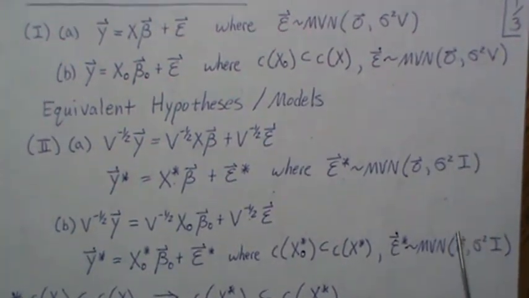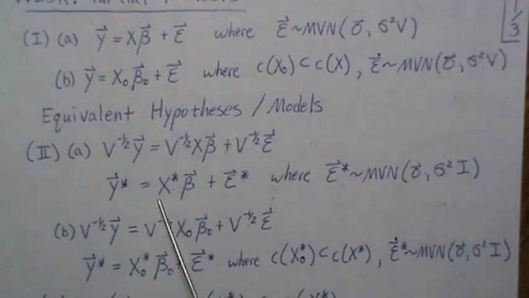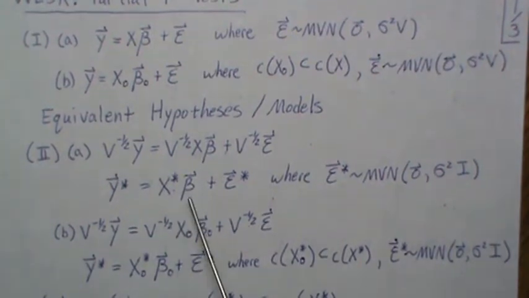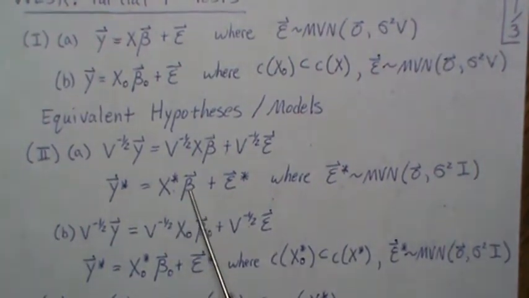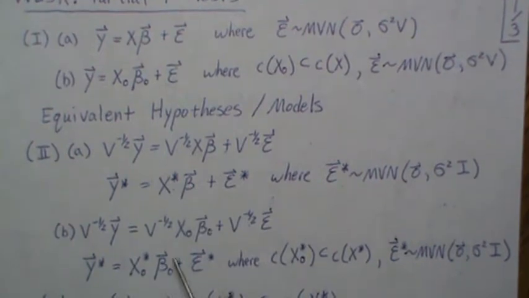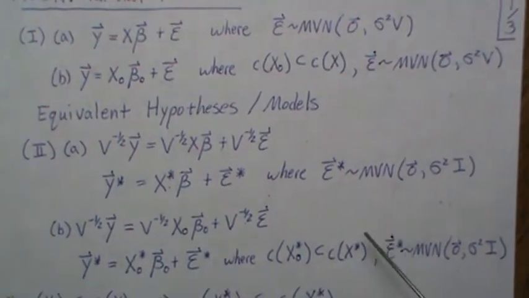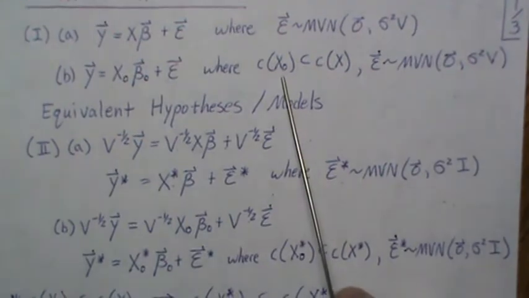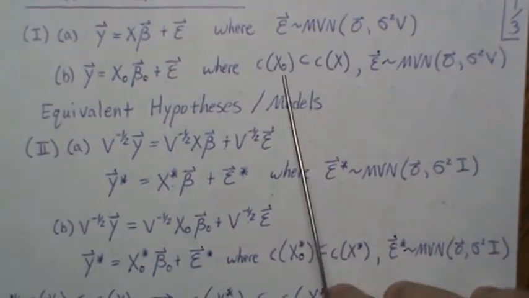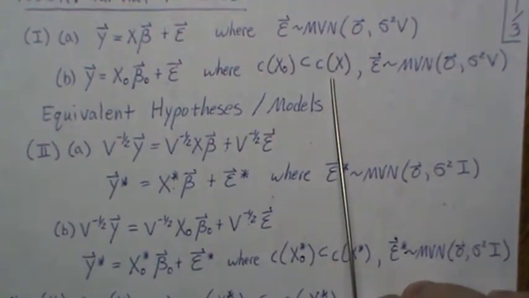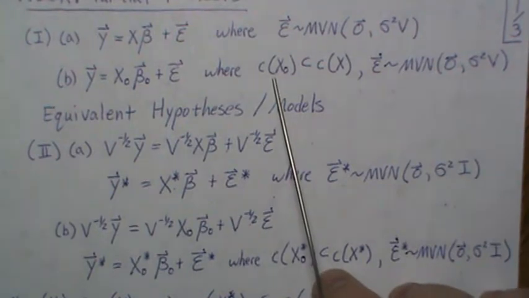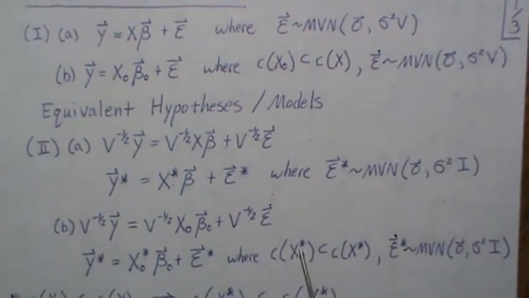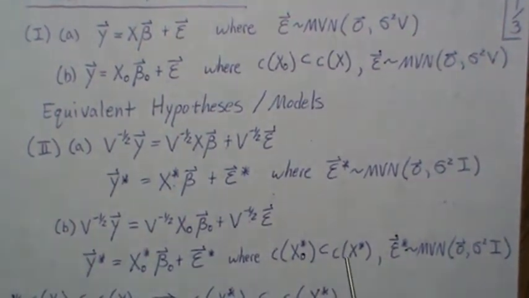So when we go from here to here, it's the same. We're wondering whether some of these beta parameters are zero, meaning we should be in this model, or not zero, which means we should be in this model. The only loose end is this: if we assume that the column space of X₀ is in the column space of X, does that imply that the column space of X₀* is in the column space of X*?